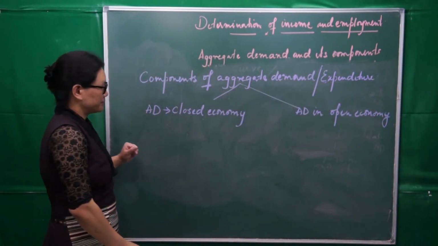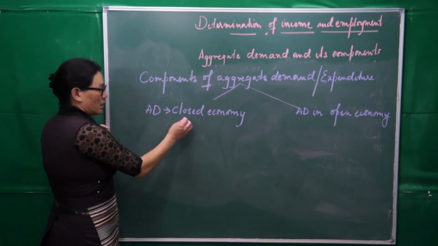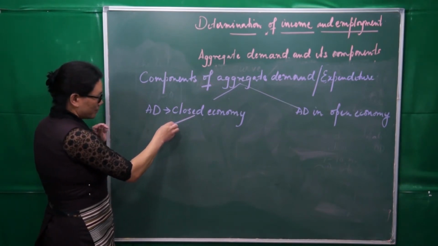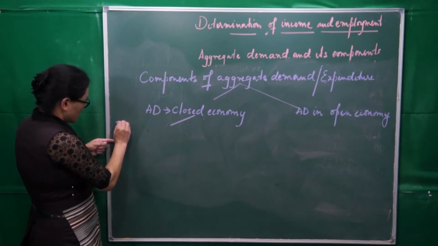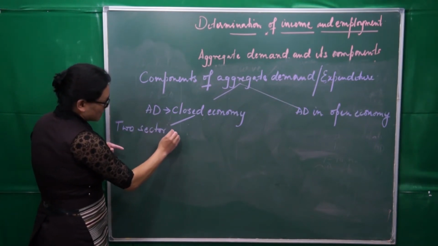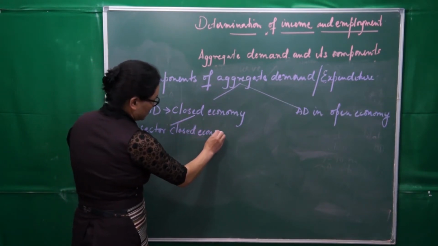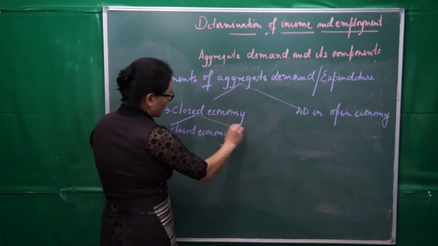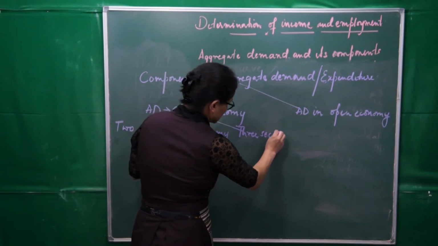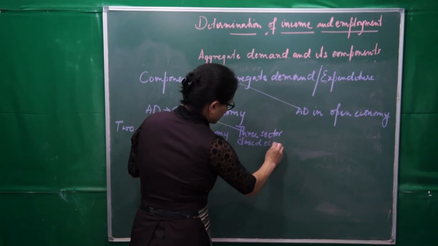All right. Further classification again in this. When we are talking about closed economy, we have two sector closed economy and three sector closed economy.